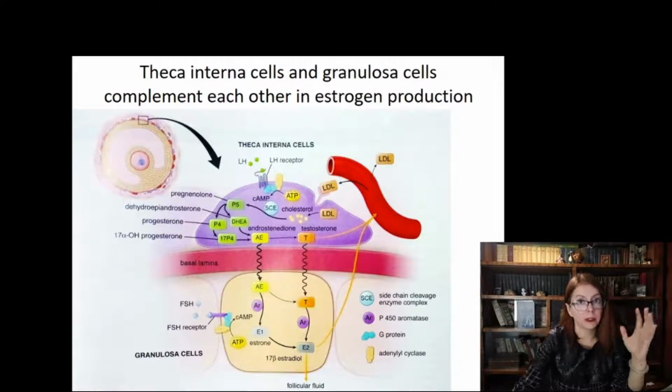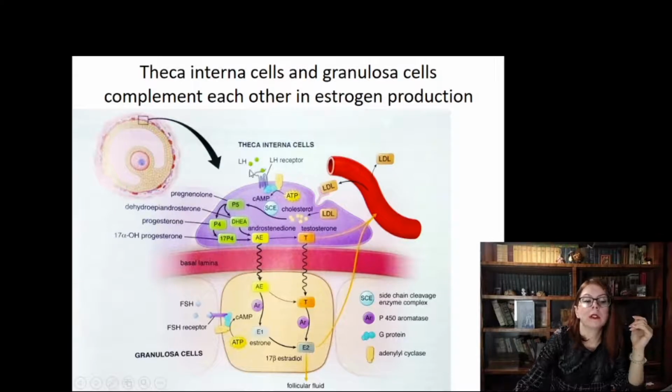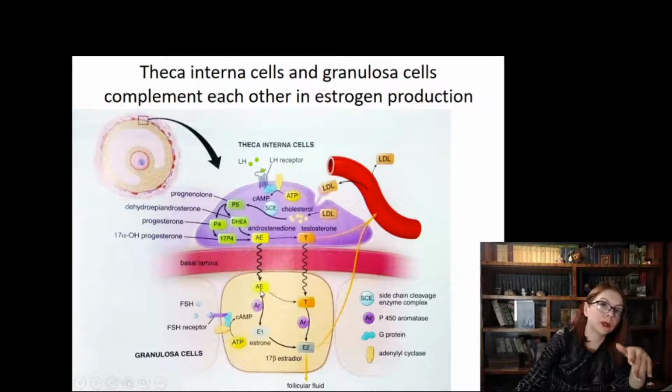At least this. You have to at least remember that theca interna cells produce androgens under the action of luteinizing hormone.